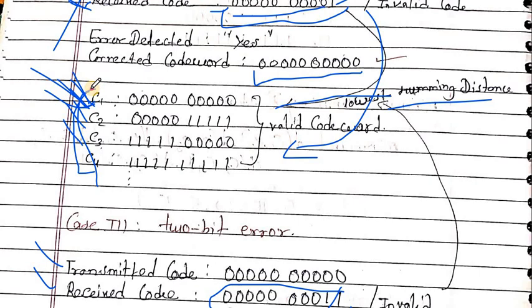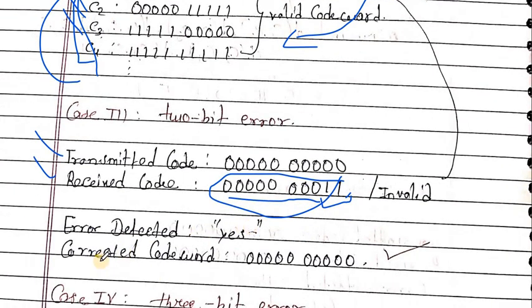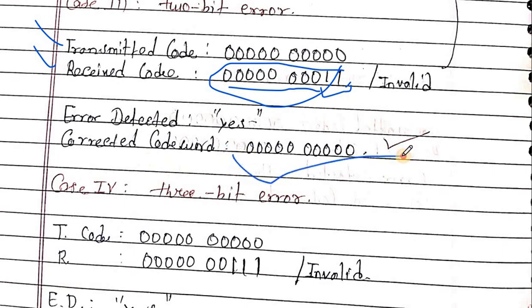The receiver picks each valid code word, takes the XOR, and finds the lowest Hamming distance. If the receiver finds the lowest-distance binary string, it replaces the received code with that. So the error is detected, and the corrected code word is this, because it has the lowest Hamming distance.